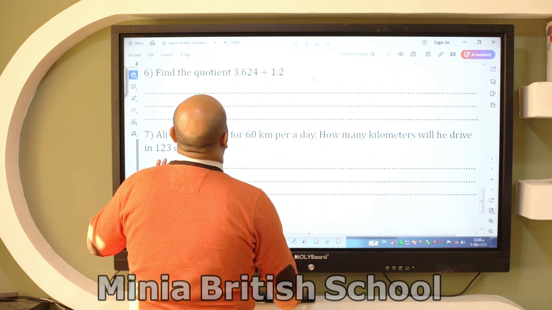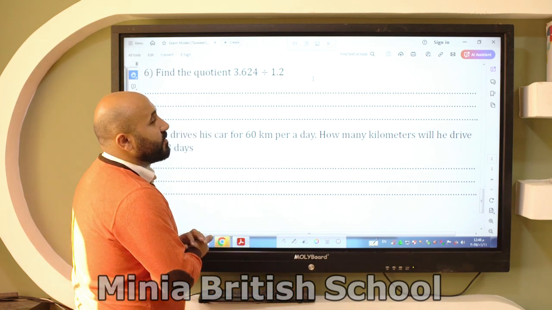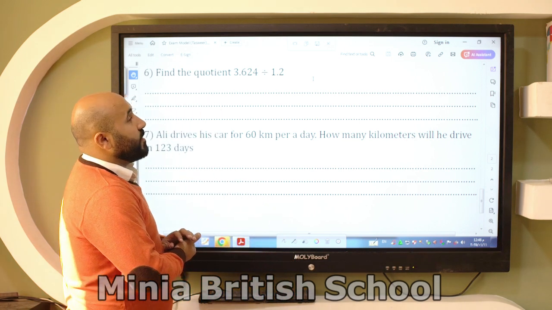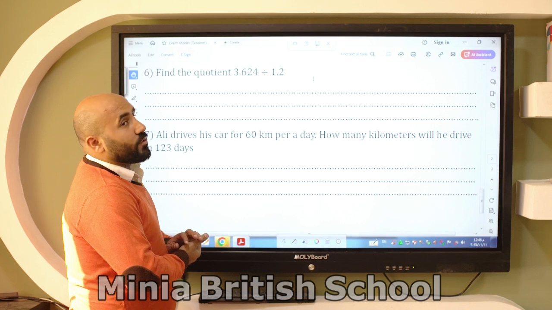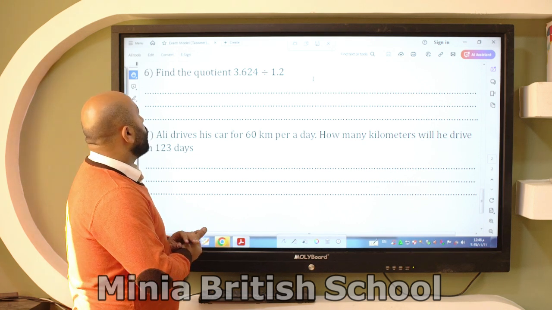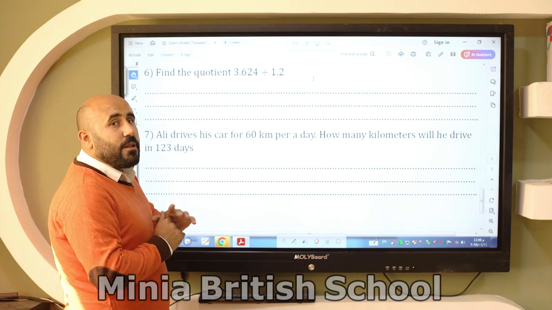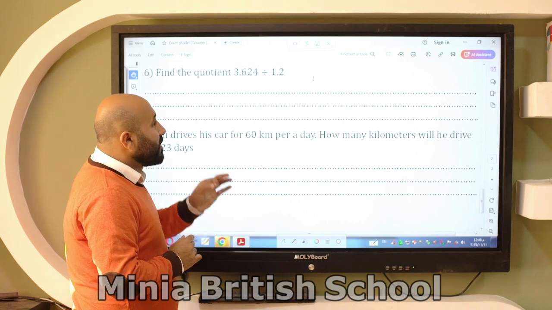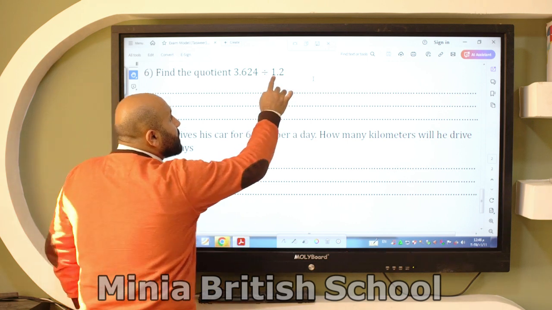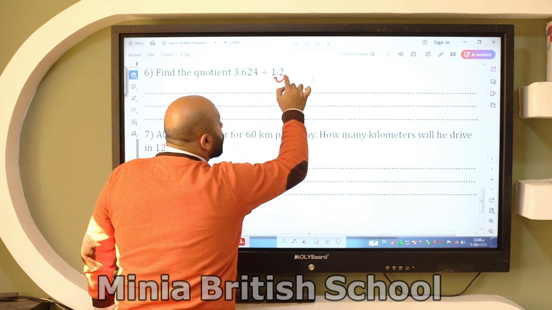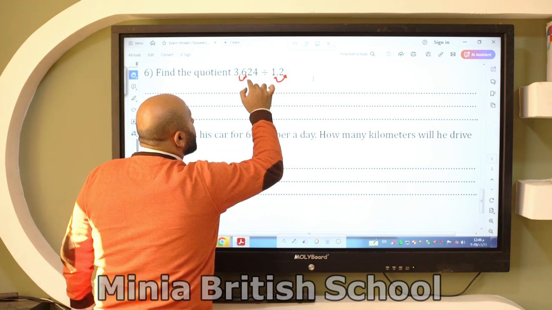Find the quotient of 3 and 624 thousandths divided by 1.2. To make this decimal by decimal, you must be careful. The decimal point, I will move it one step right, and also the same way.